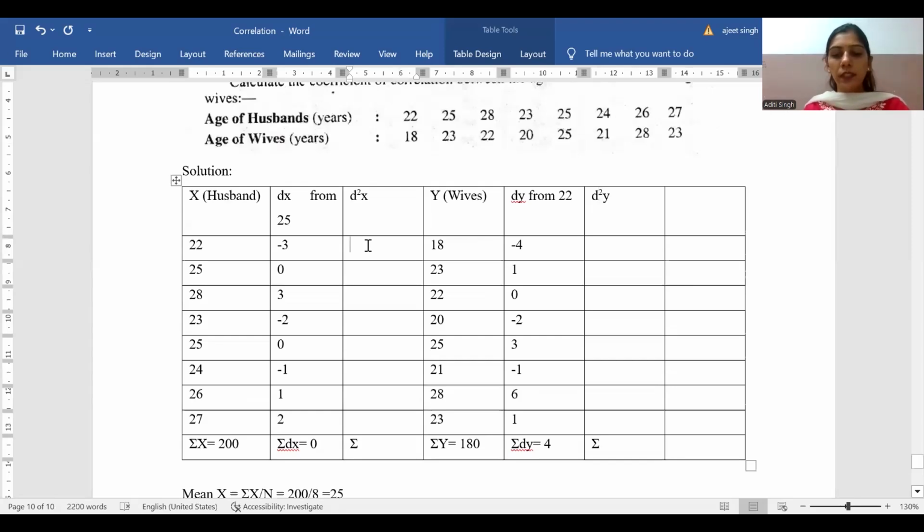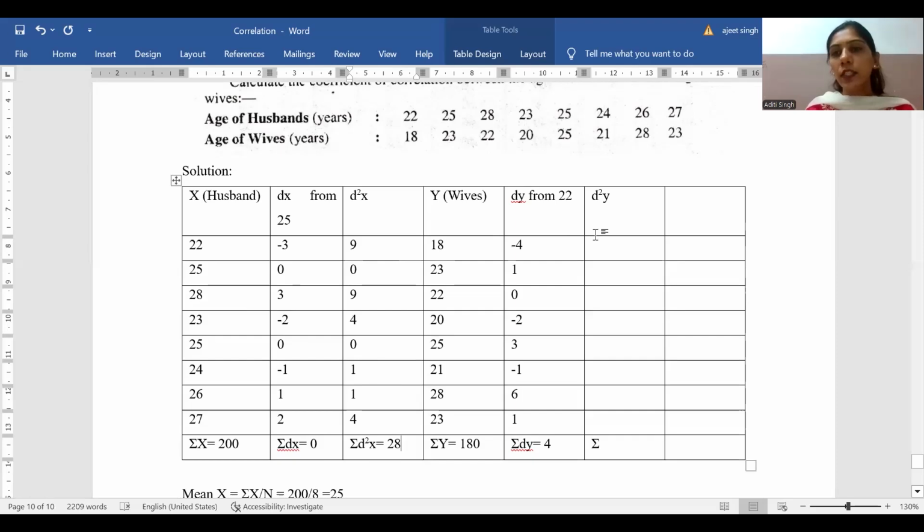Minus 3 into minus 3 is 9. It's 0. 3 into 3 is again 9. It's 2 into 2, 4. It's 0. It's 1, 1, and it's 4. So this is how we calculate. Let's do the sum of d square x.